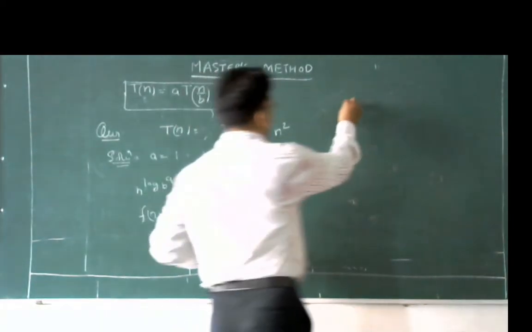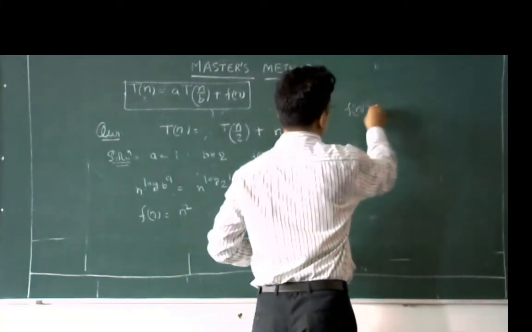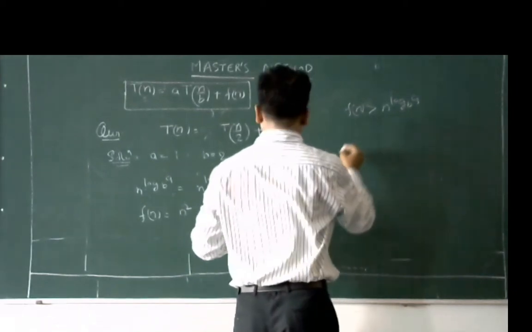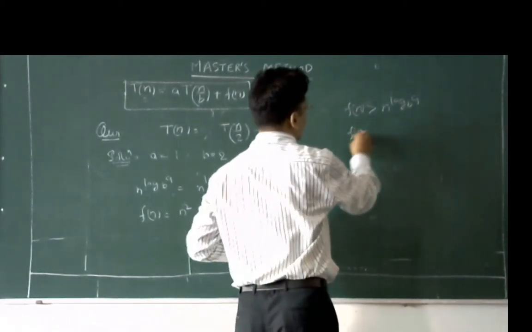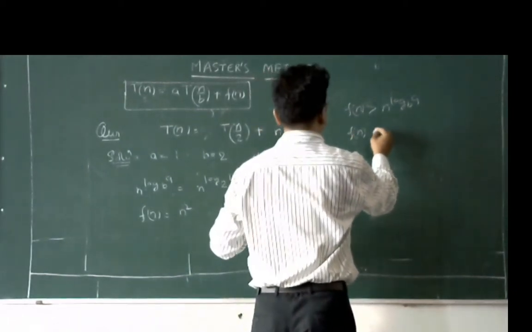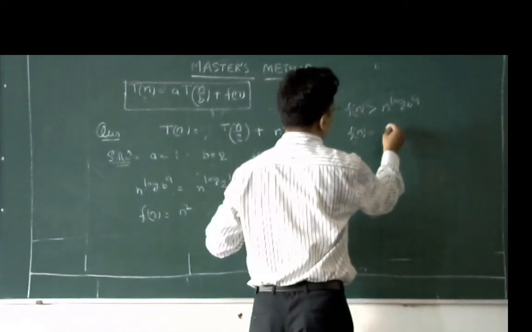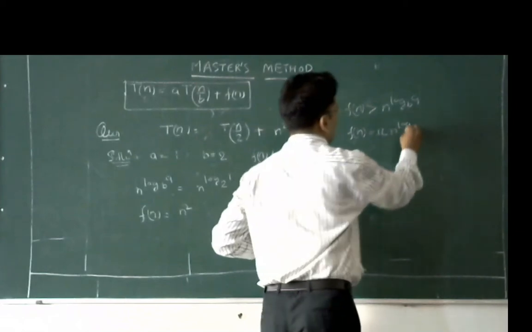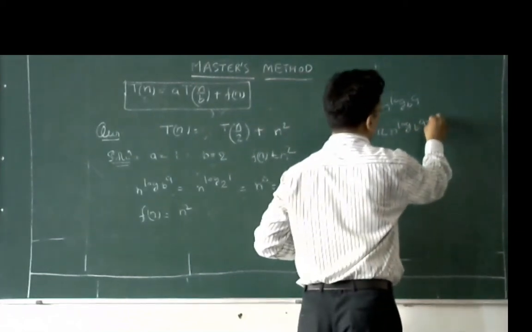Definitely here f(n) is greater than n raised to the power log a base b. We can say f(n) is omega of n raised to the power log a base b plus epsilon.